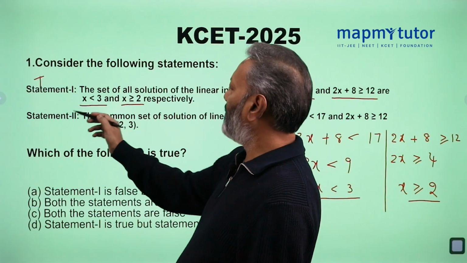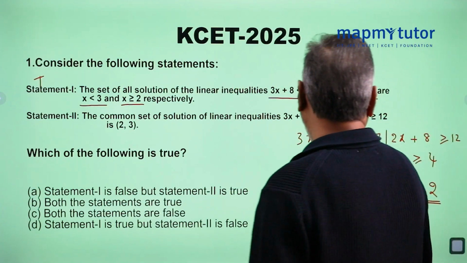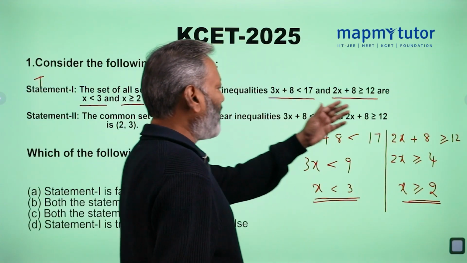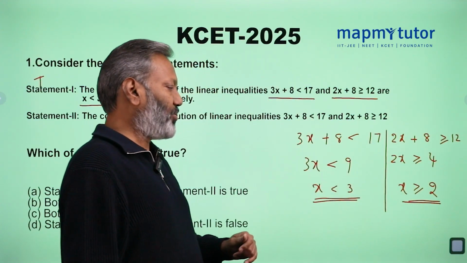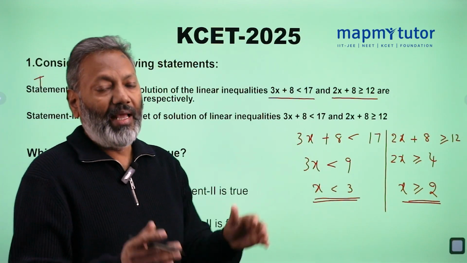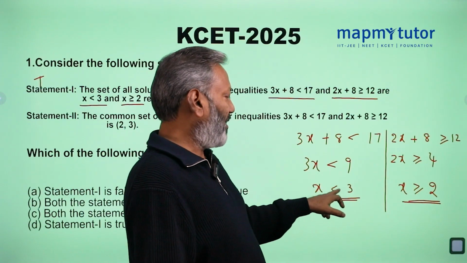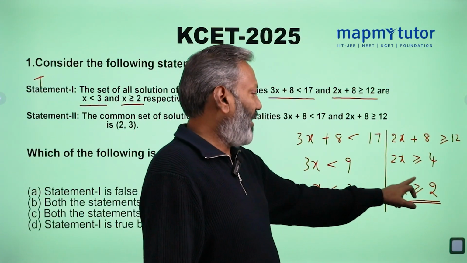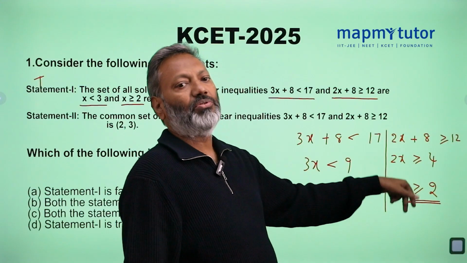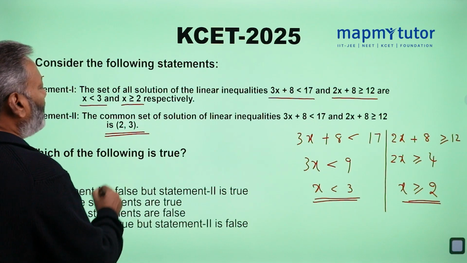Now, to verify statement 2, we just have to take the common solution. In one condition, x is greater than or equal to 2, and in the other, x less than 3. That means x lies between 2 and 3. But 3 is excluded because only less than 3 is allowed, and greater than or equal to 2 means 2 is included. But here, observe this set: open interval 2 to 3.